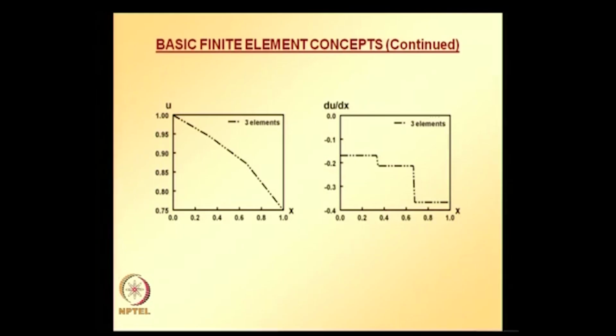The plot is shown for you for this particular problem. Actually, we solved this problem using the procedure similar to classical approximate techniques just earlier, and there I showed you a comparative plot of 1 element, 2 elements, 3 elements, whereas here only the 3 element solution is shown.